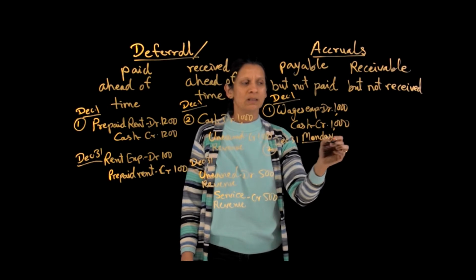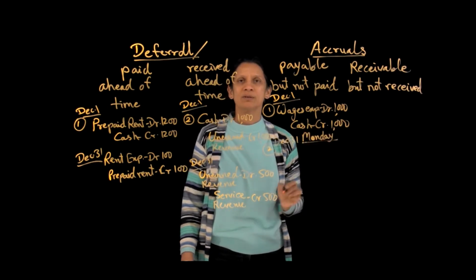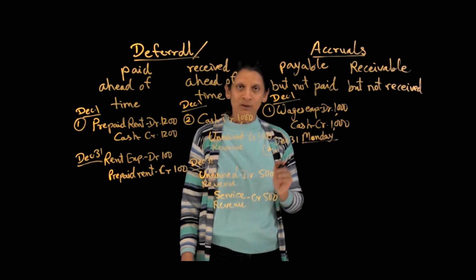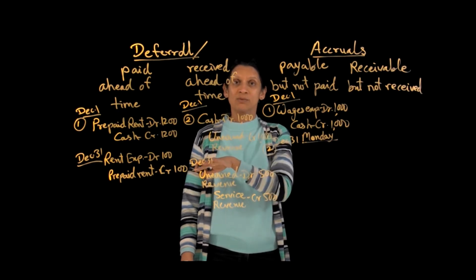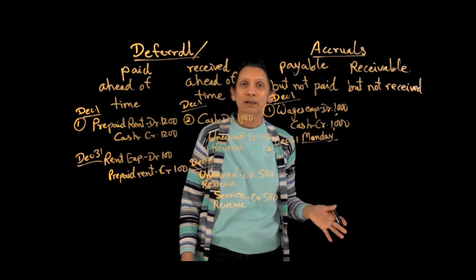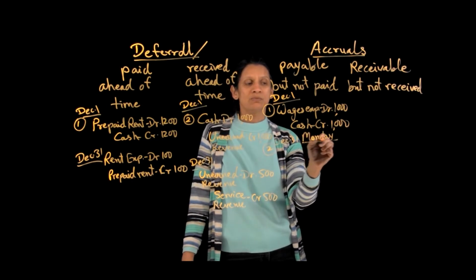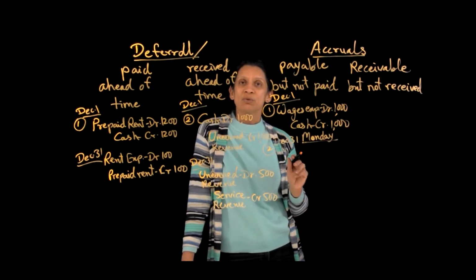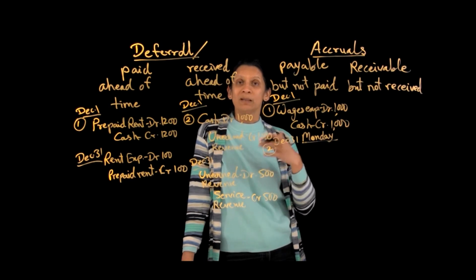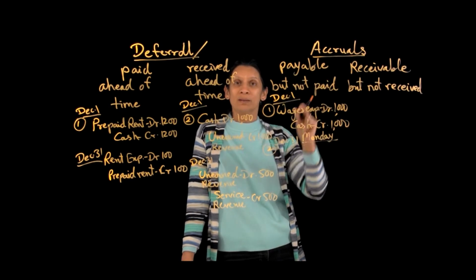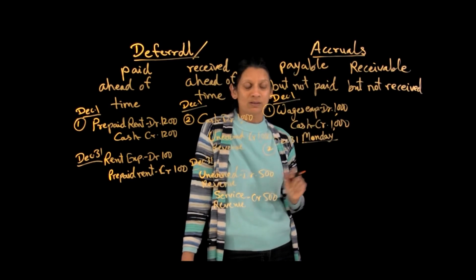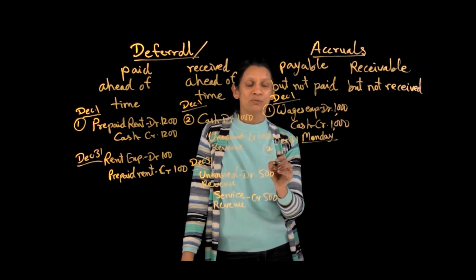So this is the day when one of my workers has worked for me, whom I have paid the previous Friday, and now I'll be paying the upcoming Friday. So that means this December 31st Monday, he or she worked for me, so the money is due, payable, but I'm not going to pay because that is not the due date of payment.